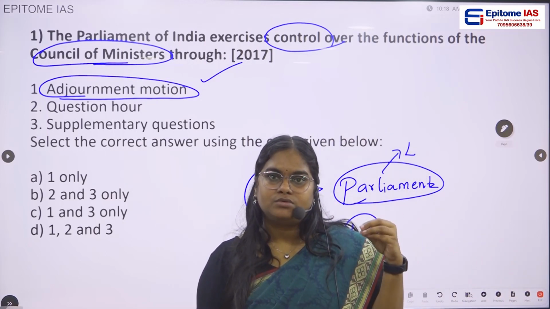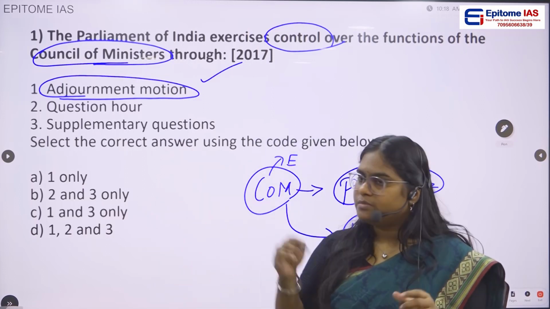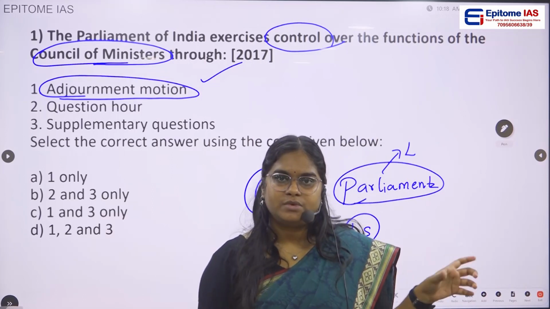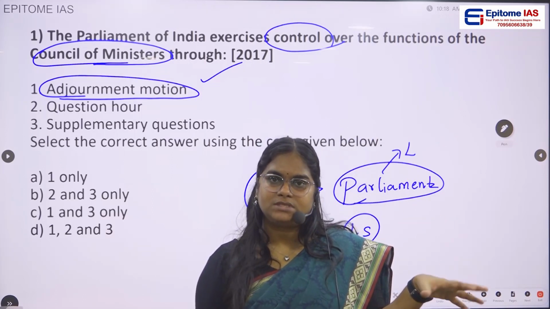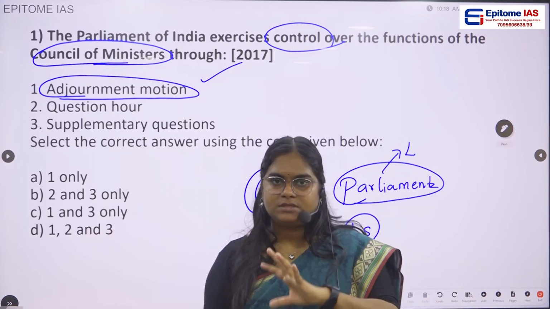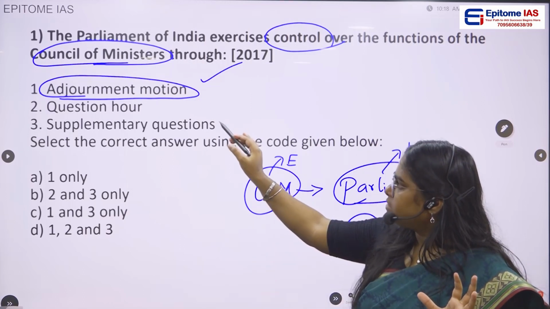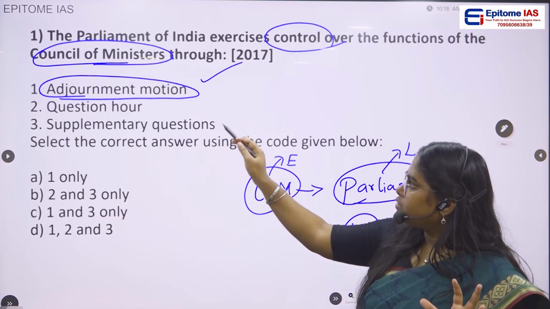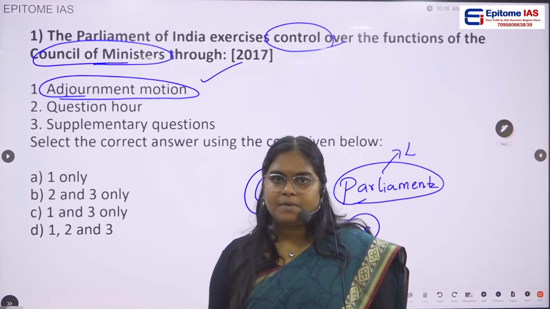So once the adjournment motion is moved in the Parliament, they stop their normal business and start discussing this particular urgent matter. So yes, the adjournment motion exercises control over the Council of Ministers by the Parliament.